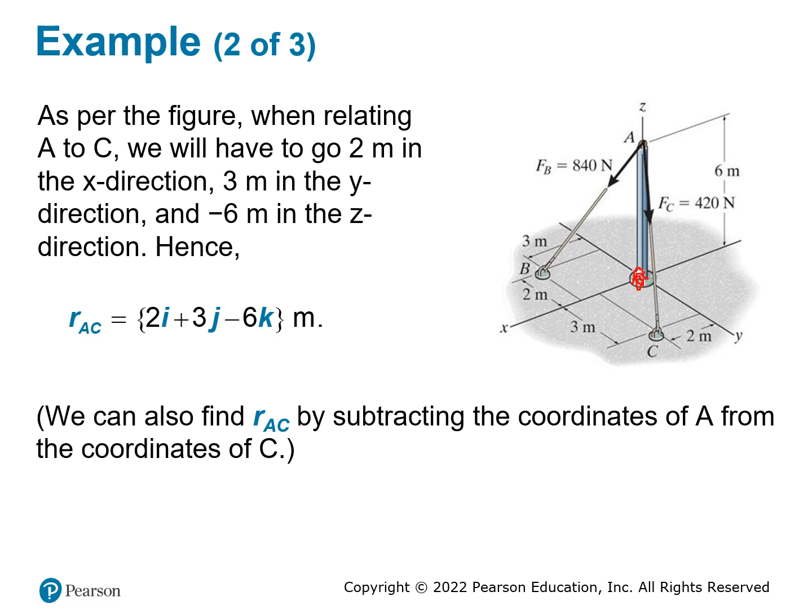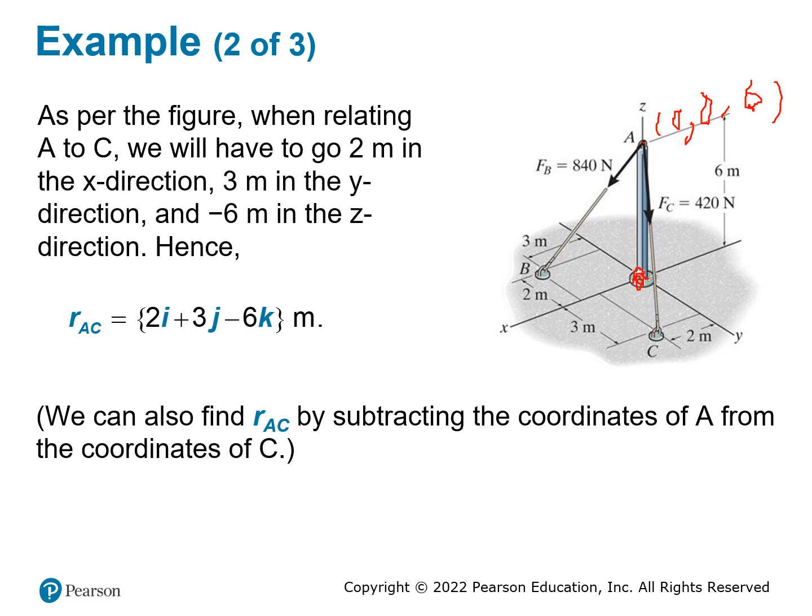We know the position of A is on the z-axis, so there's no component in x, no component in y, and the z component is 6 meters.